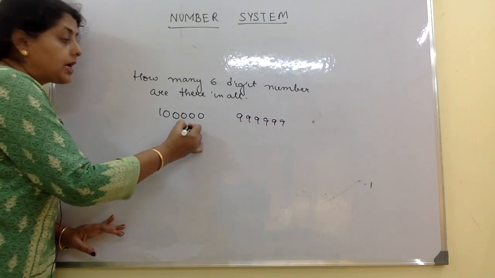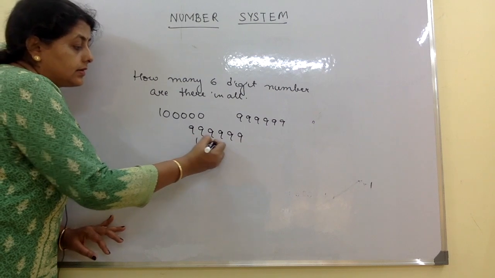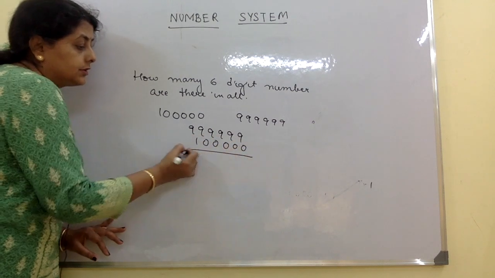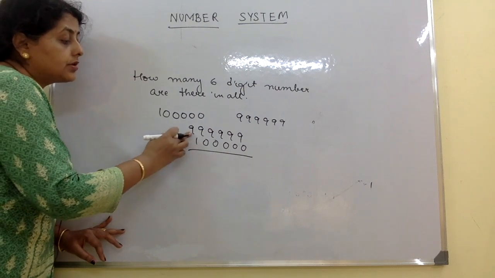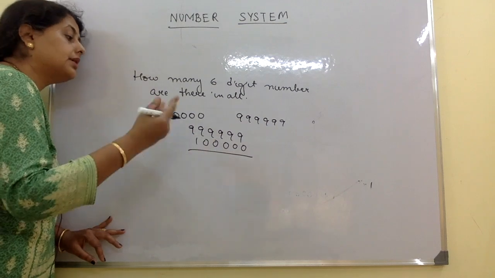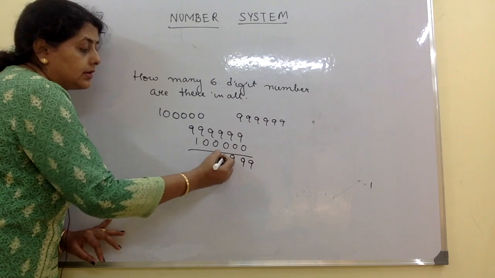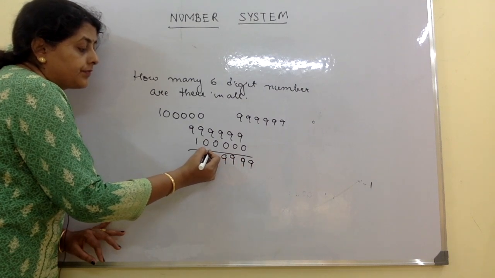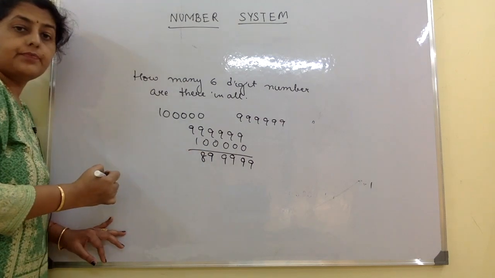Now I am subtracting like I did for the 3-digit numbers. From 9,99,999 I am subtracting 1 lakh, and this is 8,99,999.